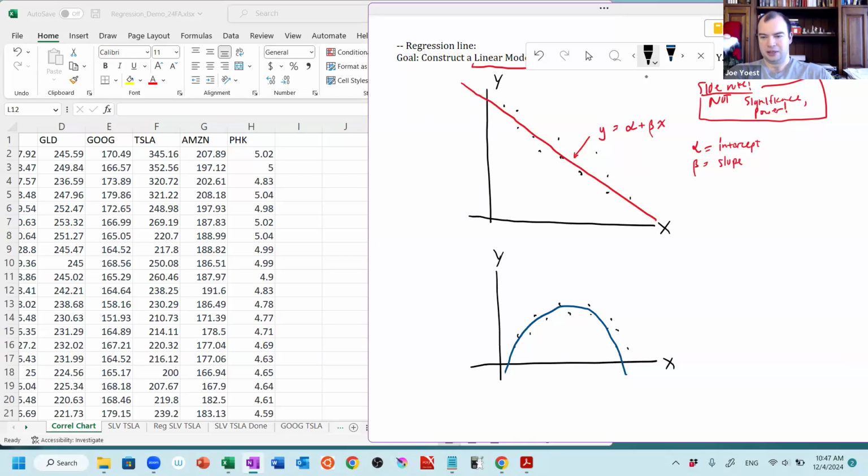This might be something like, say, speed versus miles per gallon, gas efficiency in a car, right? If you're going super slow, it just takes a certain amount of gas to keep your car running, and you're not getting very far. If you're going really fast, you're battling against all of the wind resistance, air resistance, rolling resistance of the tires and the bearings and all of that.